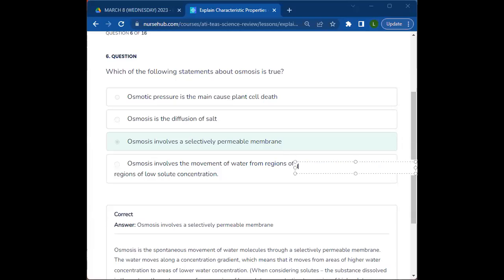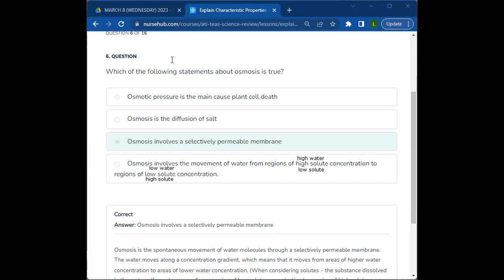Remember, it's from low solute to high solute. Low solute to high solute, which is the same thing as high water. So if that answer choice had said high water concentration to low water concentration, that would have been correct.